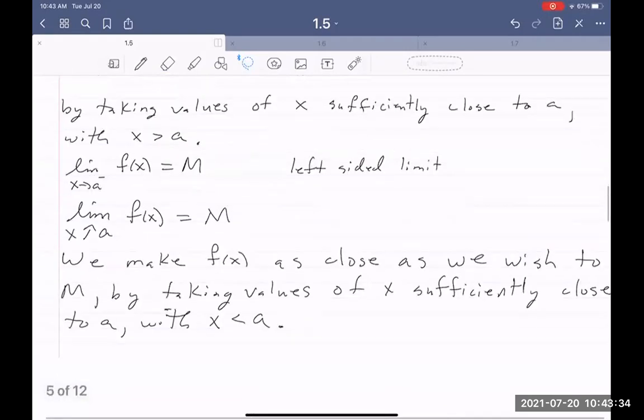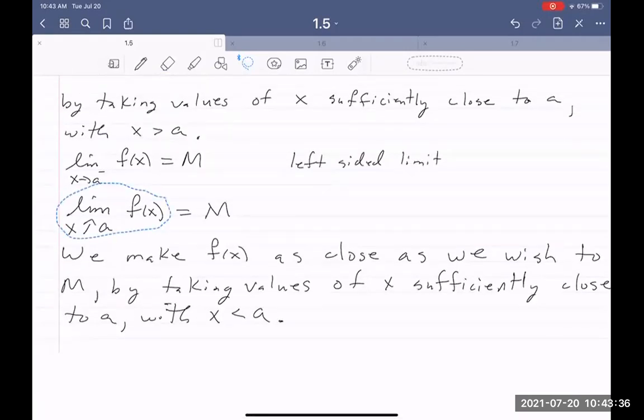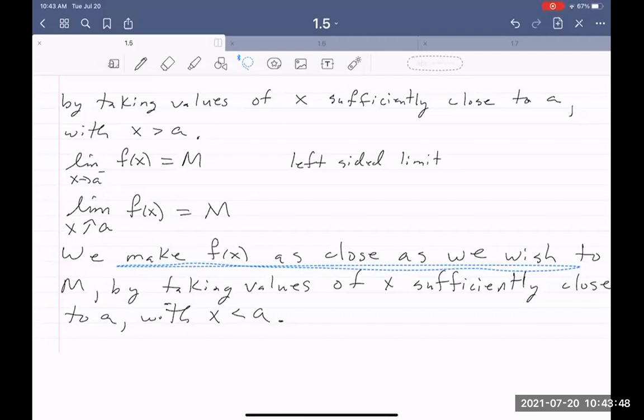Or the limit as x approaches a, taking values of x that are less than a, of f of x is equal to m. If we make f of x as close as we wish to m by taking values of x sufficiently close to a with x being less than a. So that's the concept of a left and right-sided limit.